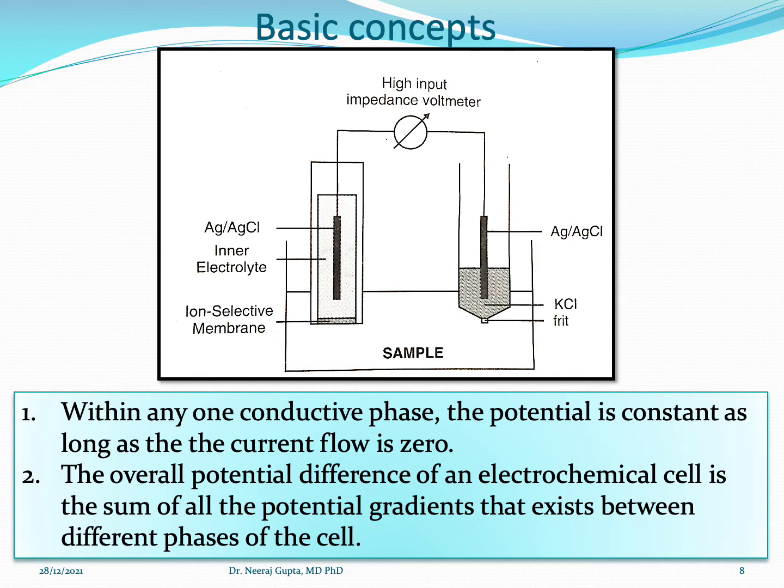The overall potential difference of an electrochemical cell is a sum of all the potential gradients that exist between different phases of the cell. The potential of a single electrode with respect to the surrounding electrolyte, and the absolute magnitude of the individual potential gradients between the phases, are unknown and cannot be measured.